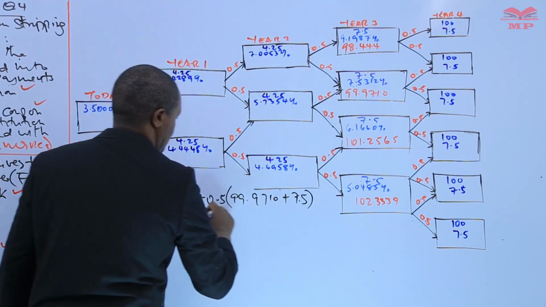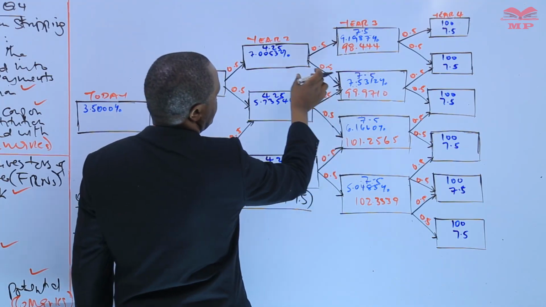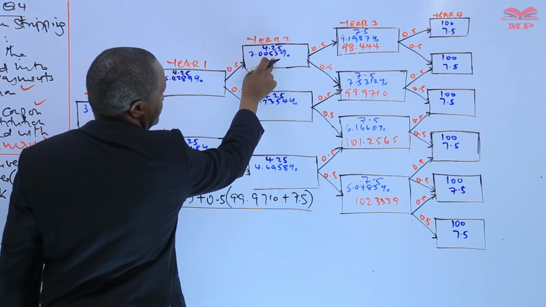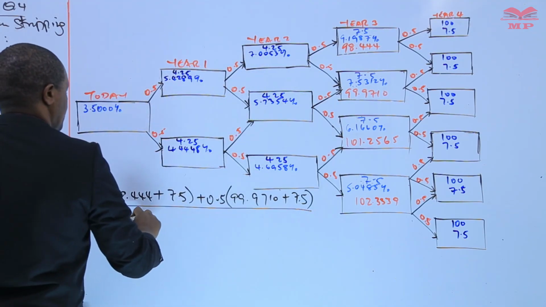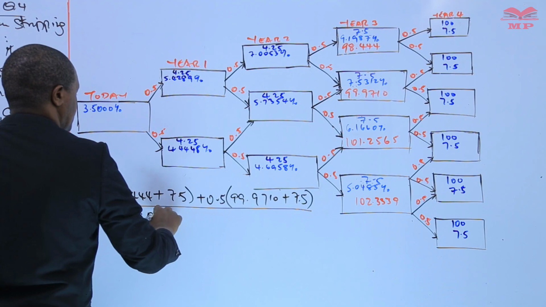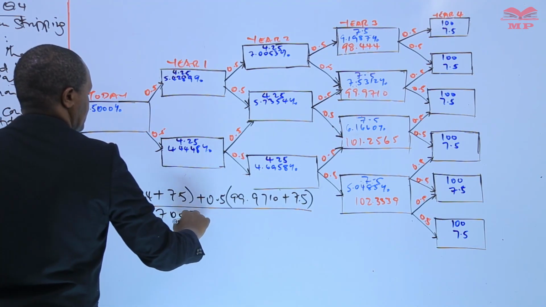We are going to divide all this by this factor, right? Divide by this factor. That will be 1.0700053.